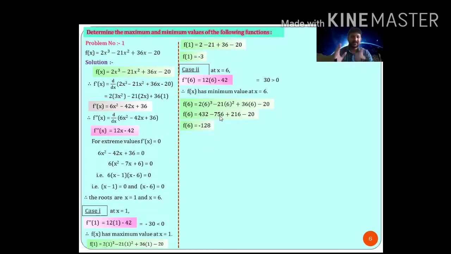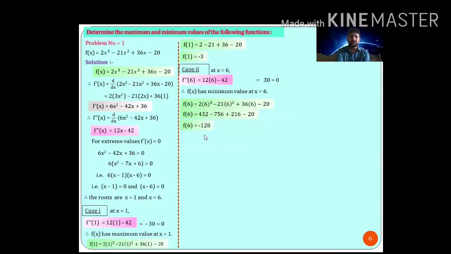Writing the final conclusion: at x = 1, we obtain a maximum value, and it is −3. The function f(x) has a minimum value at x = 6, and the minimum value is −128. It is compulsory to write this as a conclusion below.